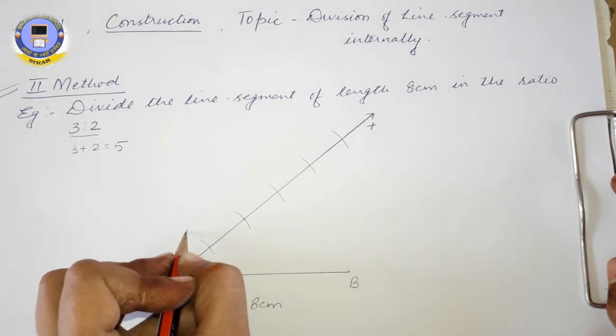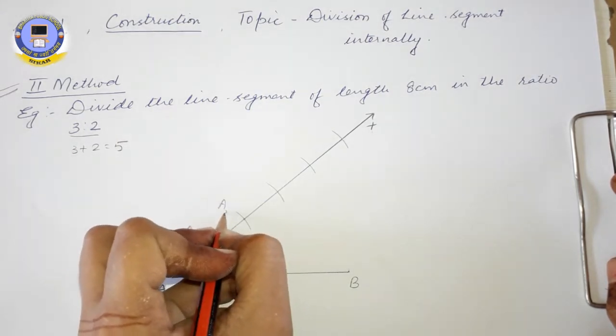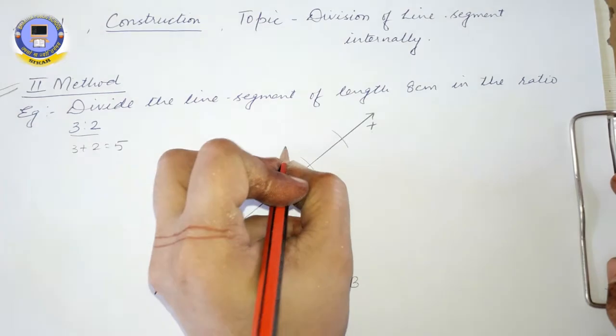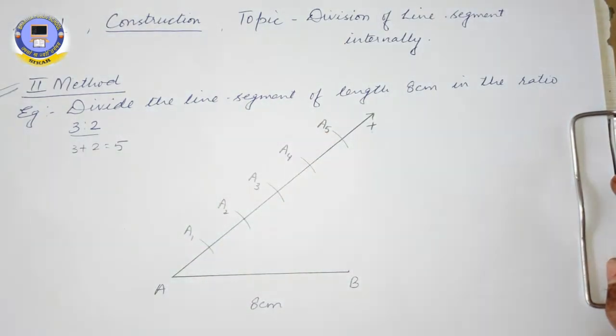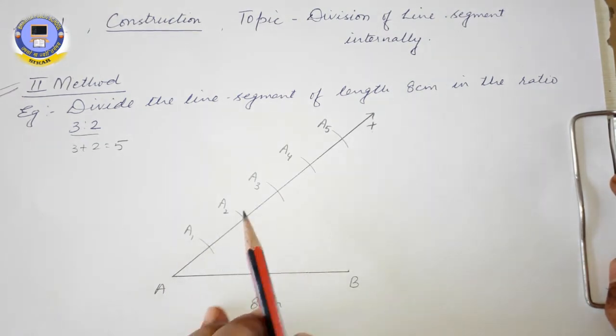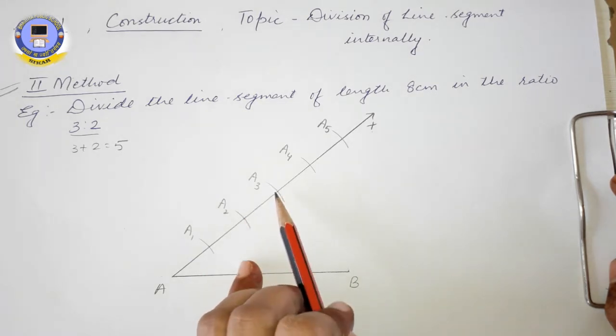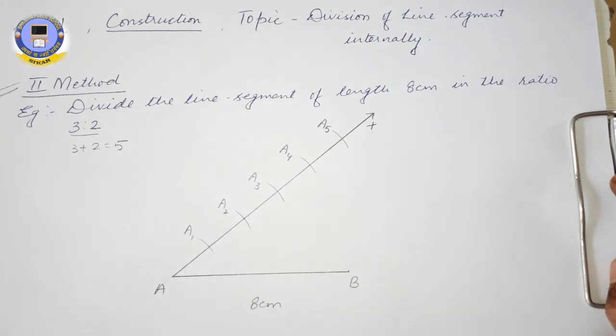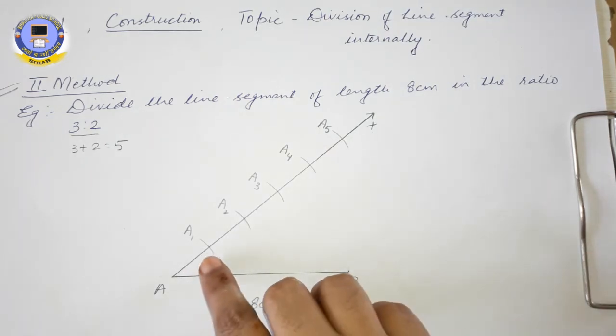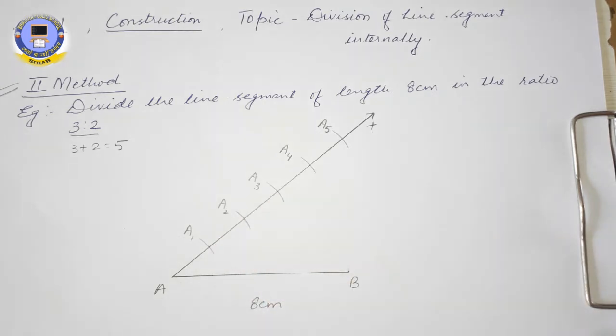Label them as A1, A2, A3, A4, A5. All these distances are equal because the arcs are equally spaced.